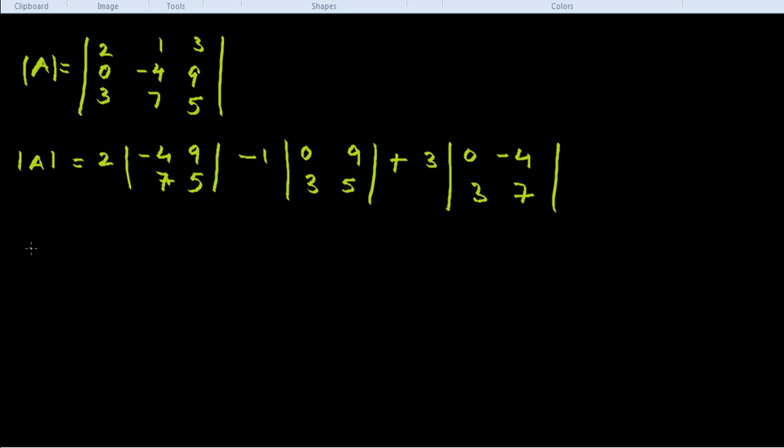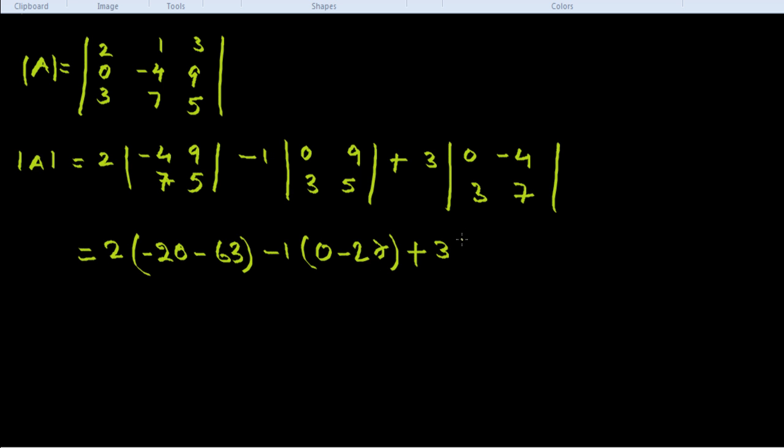Now we simplify this. We get 2 times minus 4 into 5, minus 20, the negative sign we have to take, it is 63. Minus 1 times 0 minus 27, plus 3 times 0 minus minus 12, which is plus 12 now.